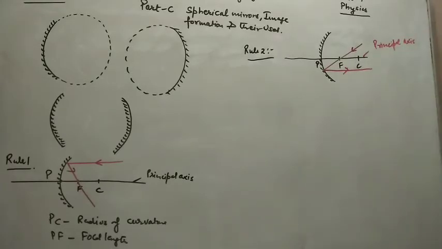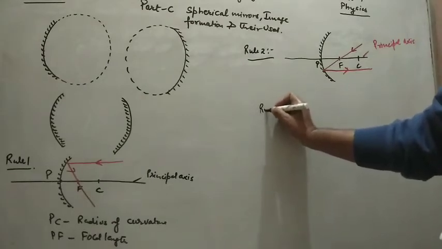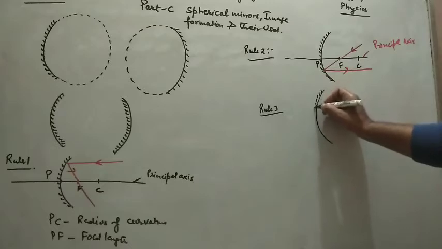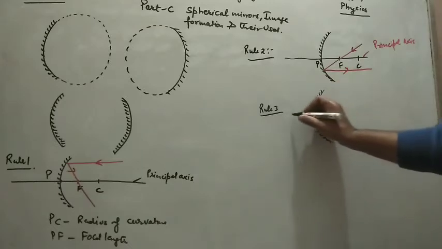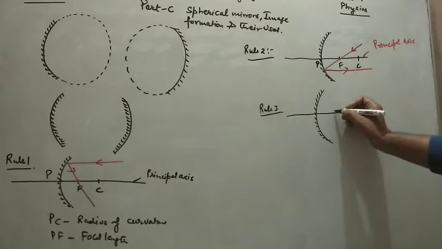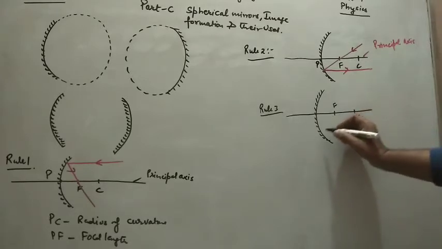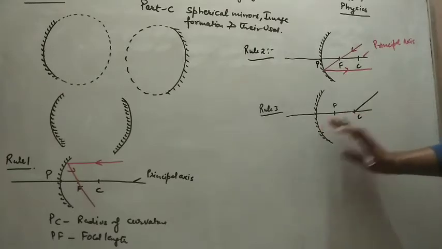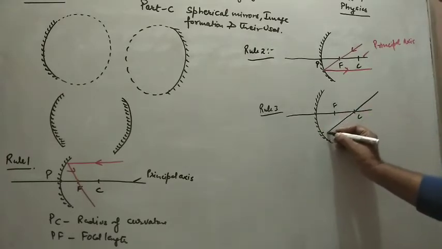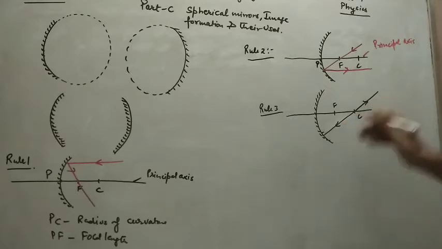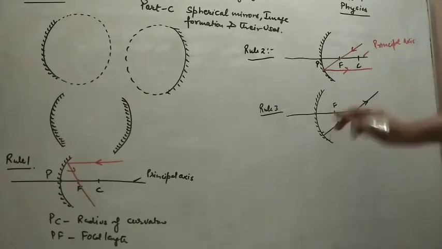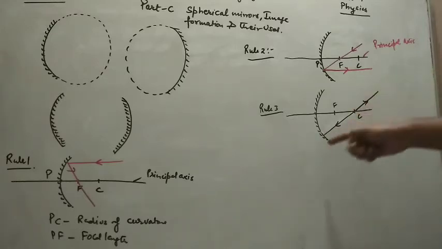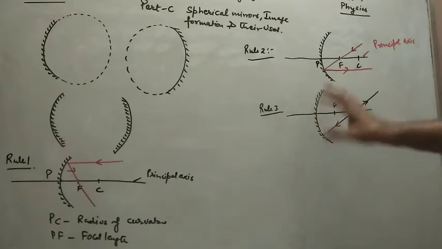And third one is the ray which is passing through center of curvature, this ray will retrace its path. Means when it is passing through center of curvature, after reflection it will go back in the same way. Okay. So these are the 3 rules.